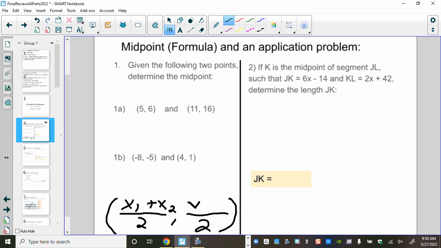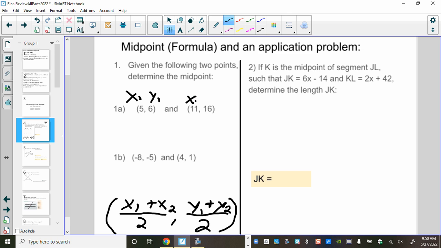And then Y1 plus Y2. And again, X1, Y1. Let me put that up a little. Okay, writing this down.